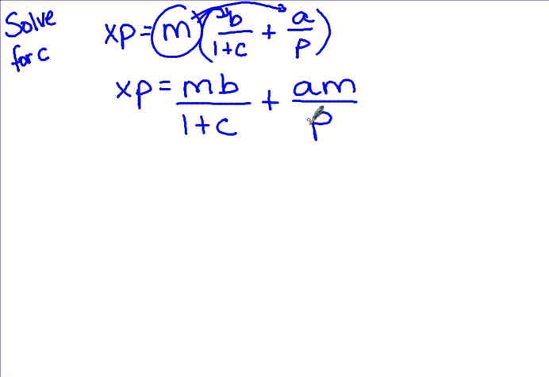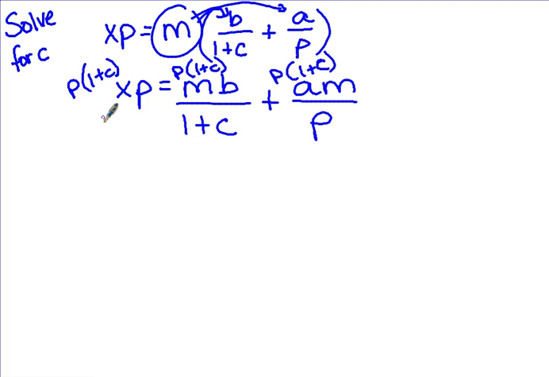Again, we're solving for c, so I want to set everything equal to c. I need to get rid of the fraction, so I'm going to multiply through by a common denominator. The common denominator in this case is going to be p times 1 plus c. So I'm going to multiply each term through by p times 1 plus c.